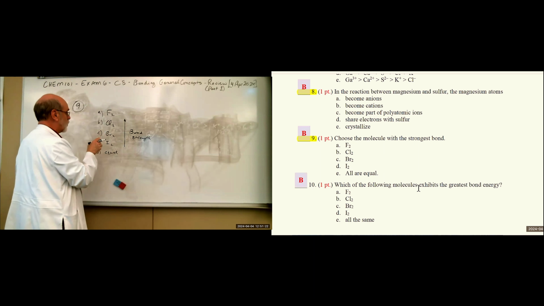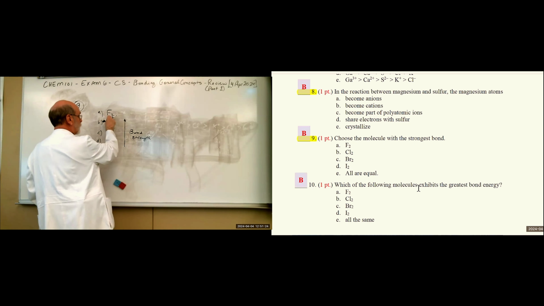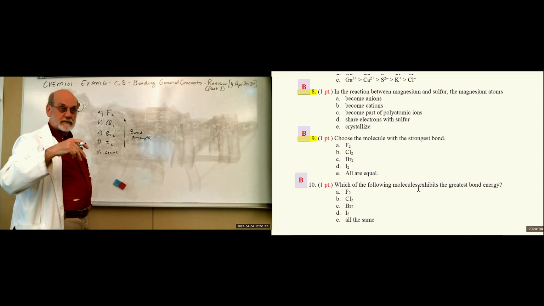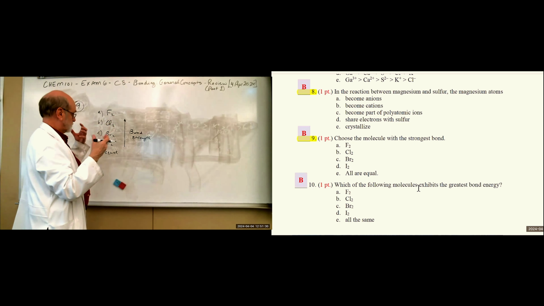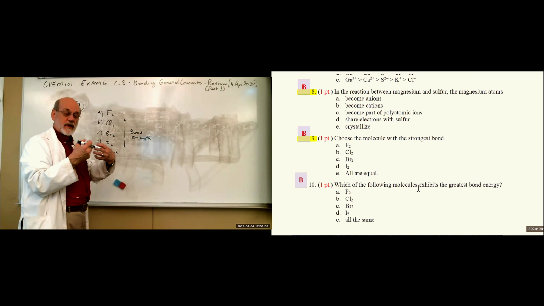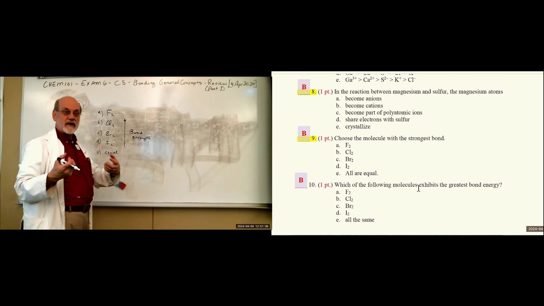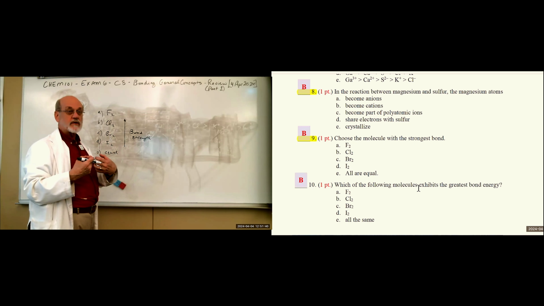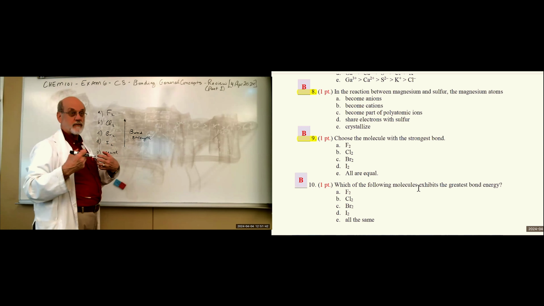Here's the quirk in all this. Fluorine is very electronegative, right? And it's the smallest atom. So it should be able to get close. The problem is when you get the nuclei that close, the protons start pushing each other away.